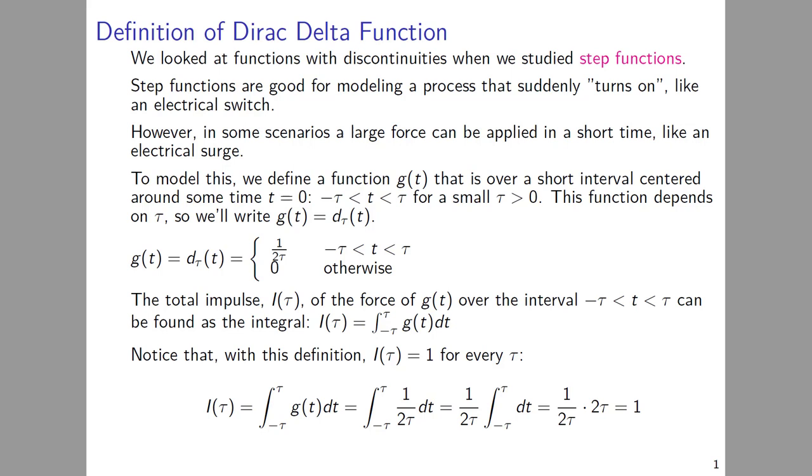So we have 1 over 2 tau times 2 tau, which is 1. Momentarily, we will let tau vary, so it will be useful information to know that as tau changes, the impulse I of tau will constantly be 1.